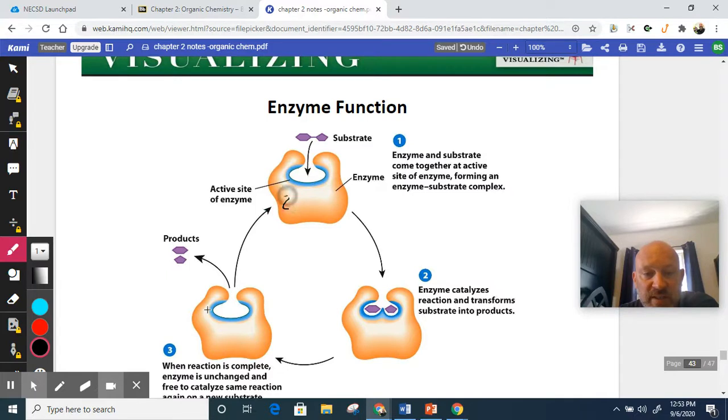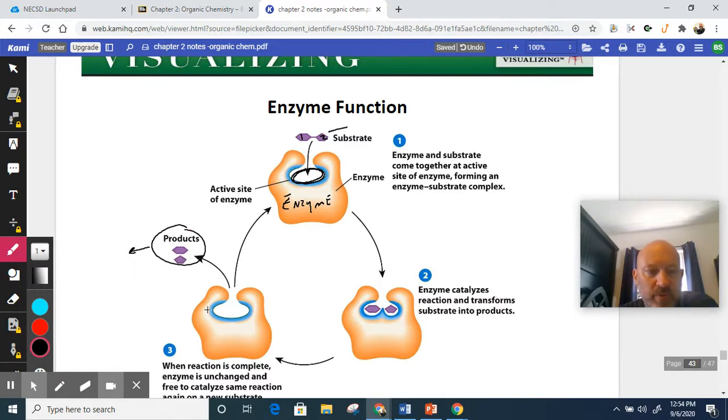So here we see an enzyme, and it looks like this is a substrate, a disaccharide, a carbohydrate made up of two units. This disaccharide would fit into the active site of the enzyme, the enzyme would perform its function, and then it would release the products.